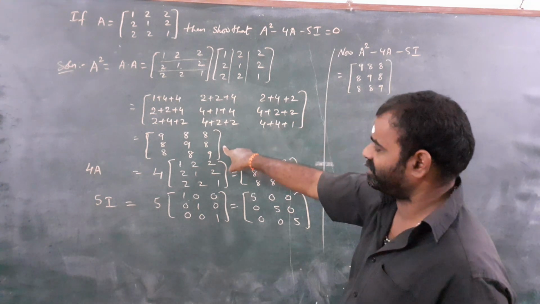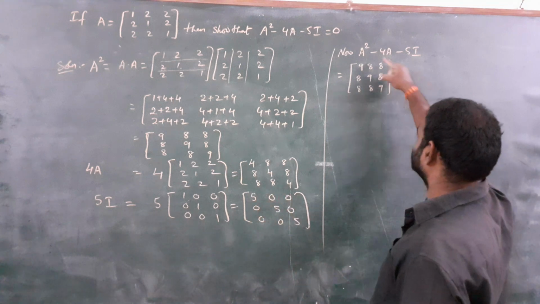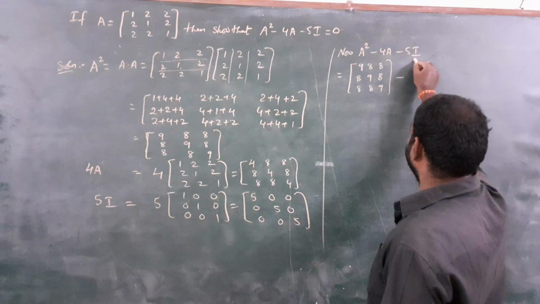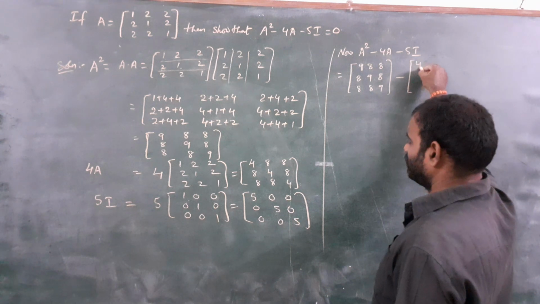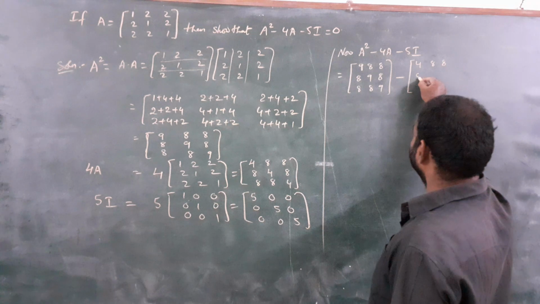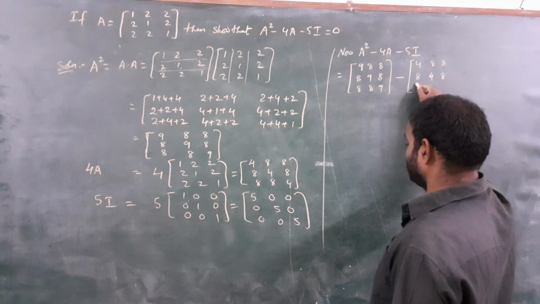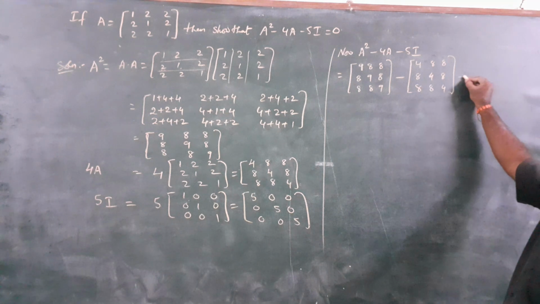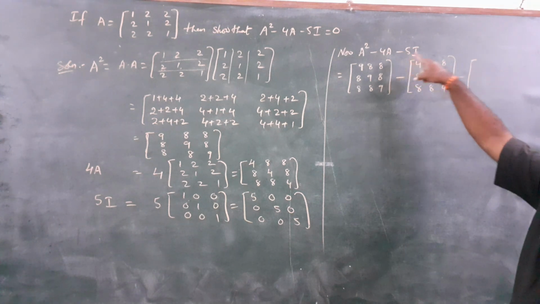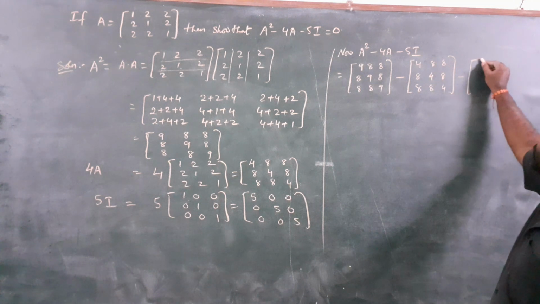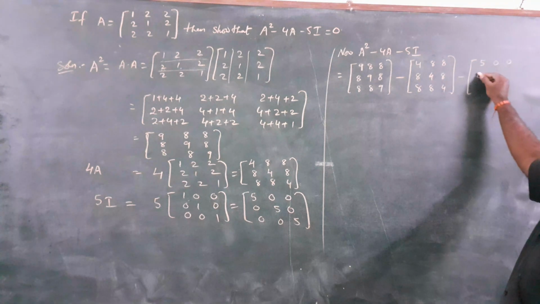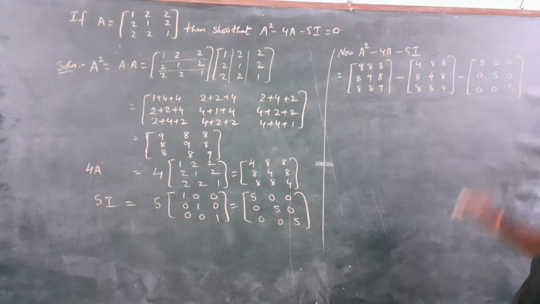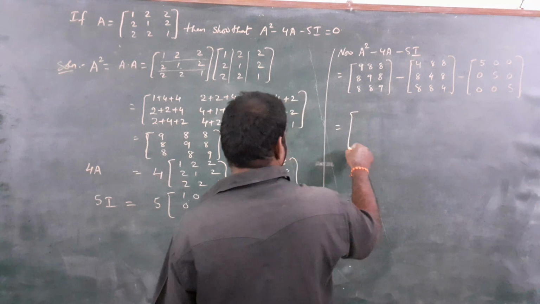Minus 4A, which is 4 8 8, 8 4 8, 8 8 4. Minus again, 5I, which is 5 0 0, 0 5 0, 0 0 5. So you have to simplify it.